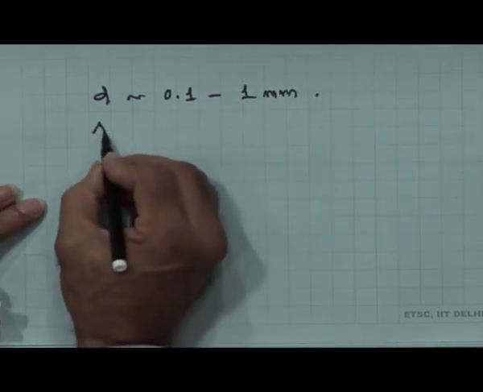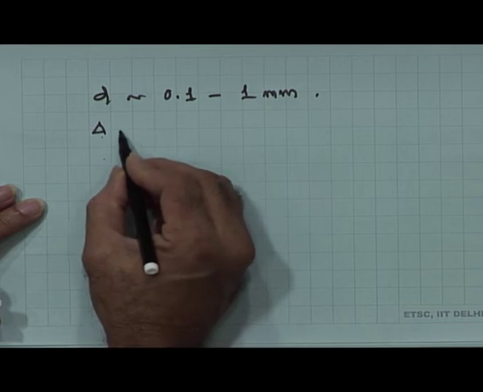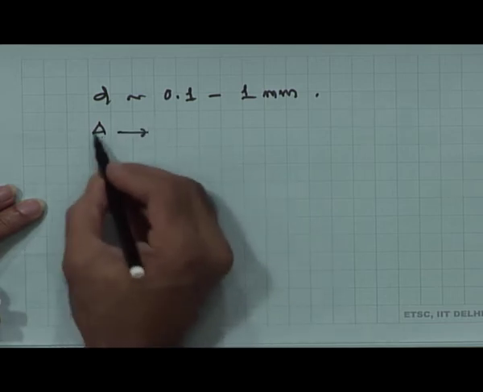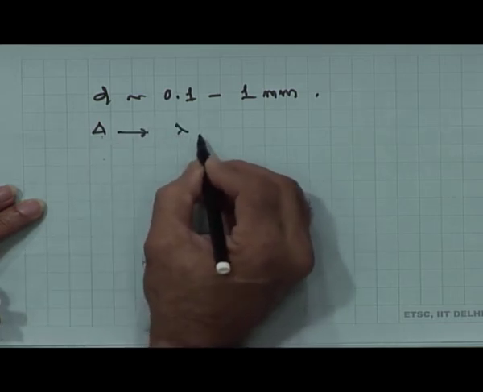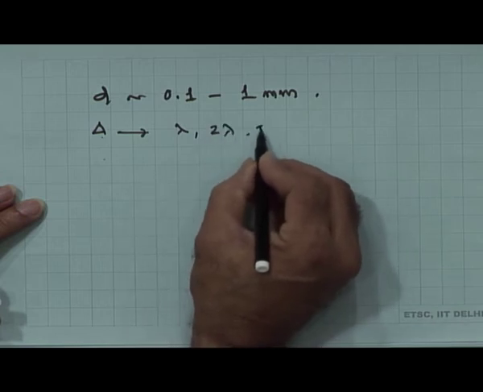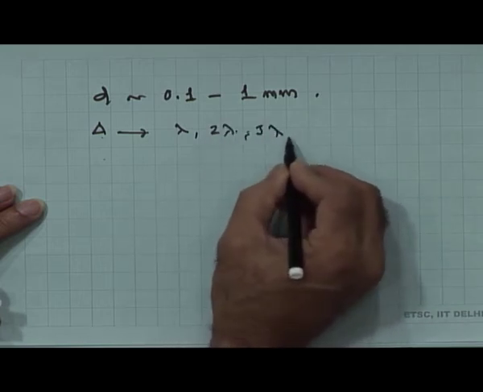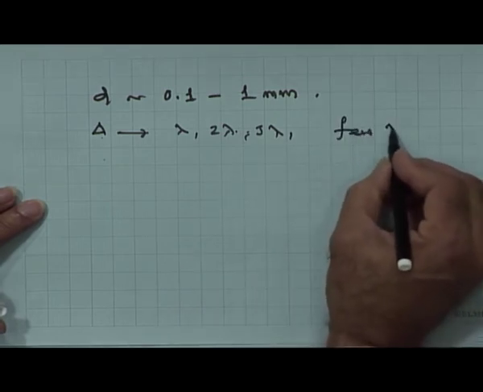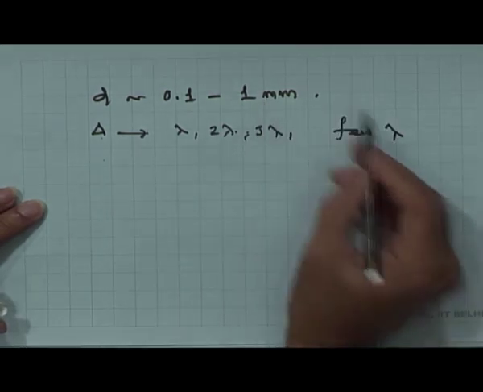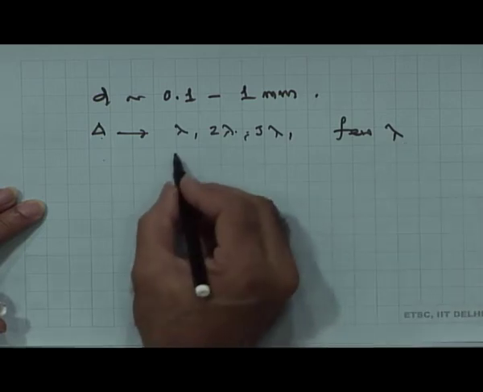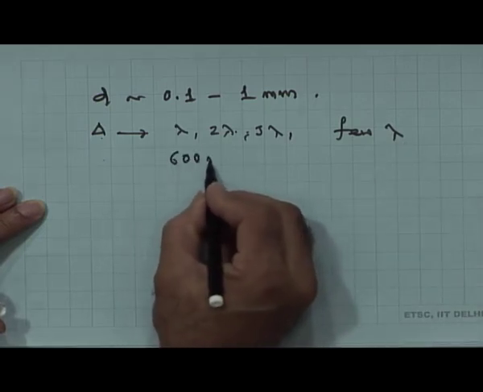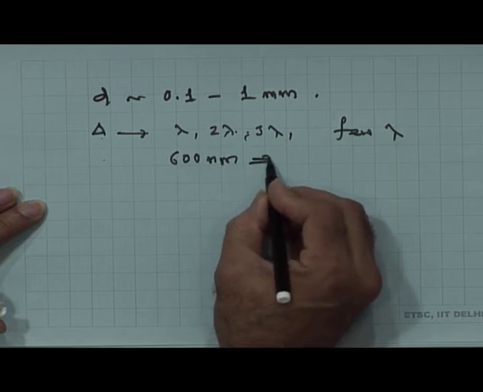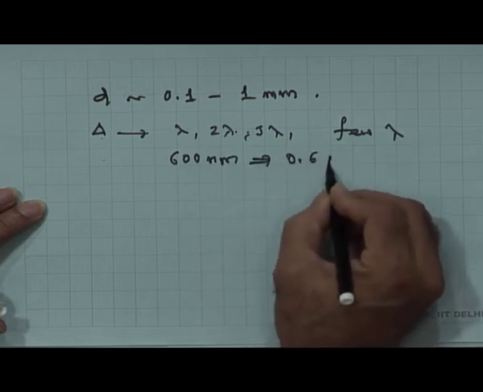What is delta? Delta is the path difference. So, we are interested in finding the fringes where path difference can be lambda, 2 lambda, 3 lambda, of course, intermediate values also, but they are a few lambdas. So, a few lambda, lambda is 600 nanometer, which implies it is 0.6 micrometer.